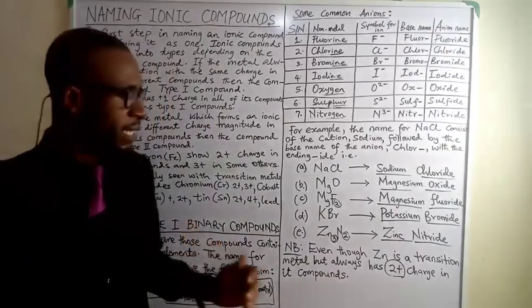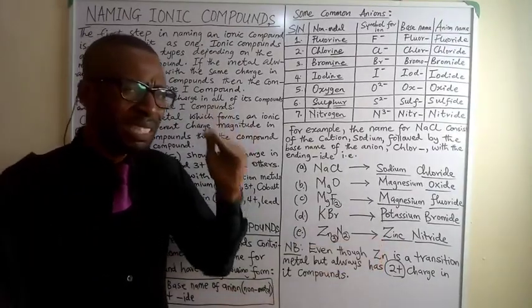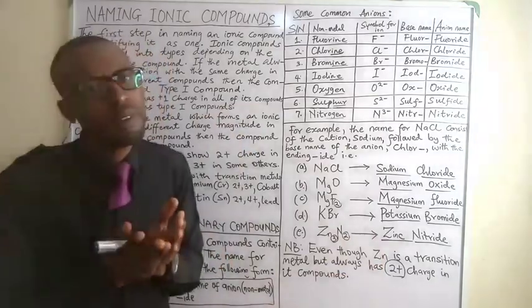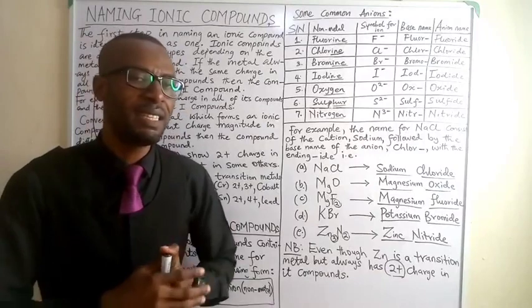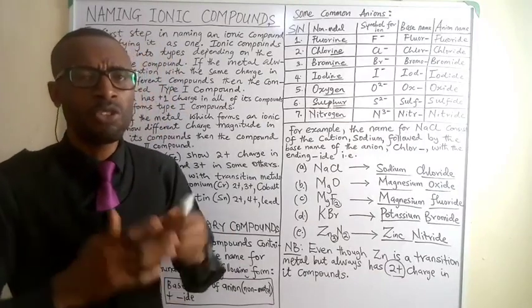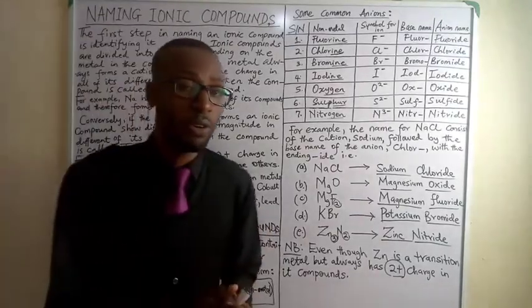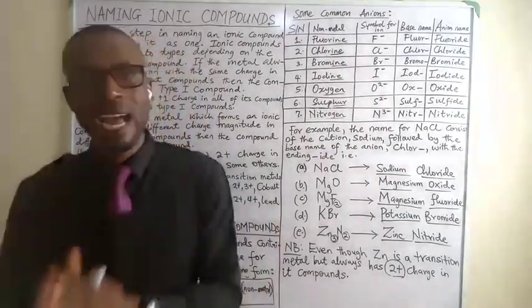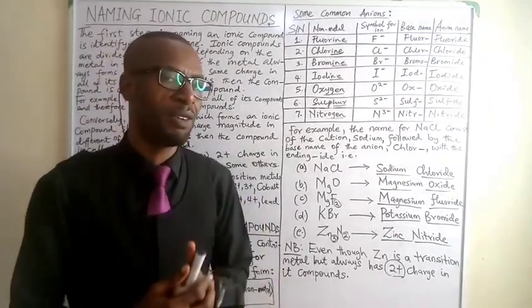And I've said it again, that zinc happens to form type 1 ionic compounds simply because it doesn't show variable oxidation state, even though it is a transition metal. So for a quick recap, we understood that for us to have an ionic compound, there must be a metal and a non-metal. We also understood that we have 2 types of ionic compounds.